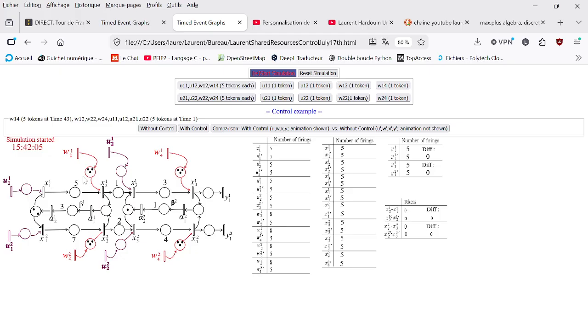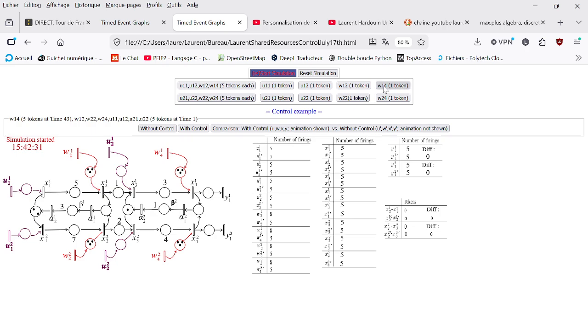It represents some input tokens which are present in this case, but you can't control this input. It's like in a manufacturing system, furniture which arrives. You can't control when the furniture will arrive. You know when it will arrive, but you can't control it exactly.